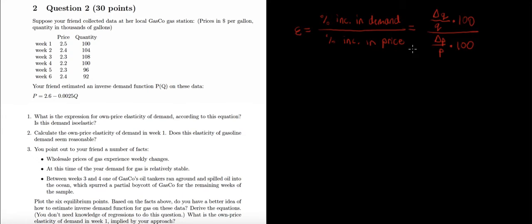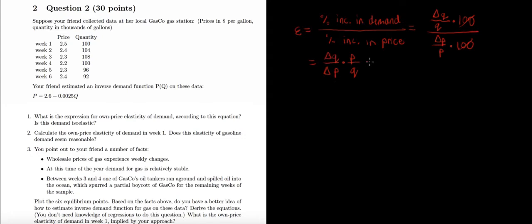Okay, so then this formula actually simplifies quite nicely. The 100s cancel out, and we simply have delta Q divided by delta P, and then times P over Q. And this formula is often reported in terms of differentials, not incremental changes.